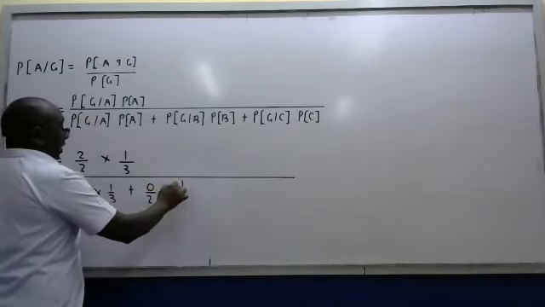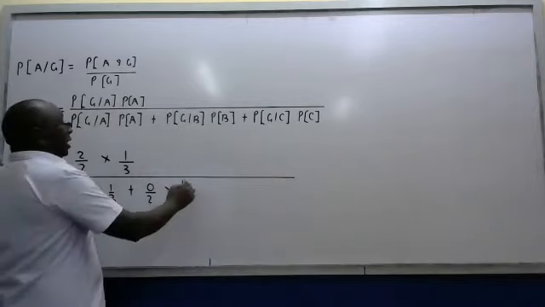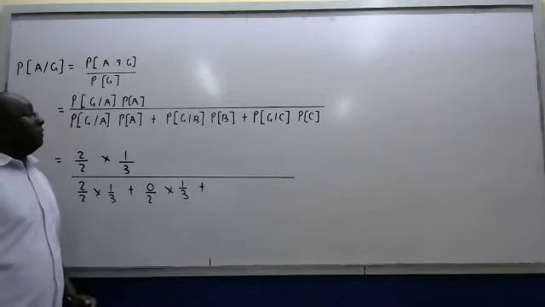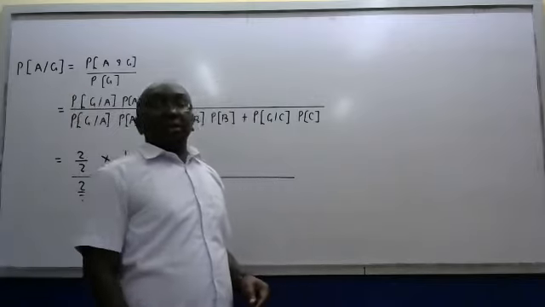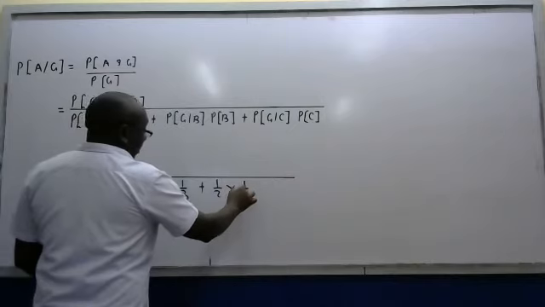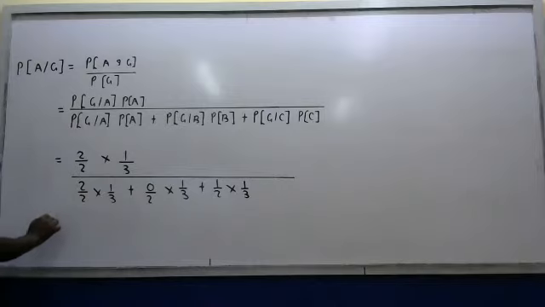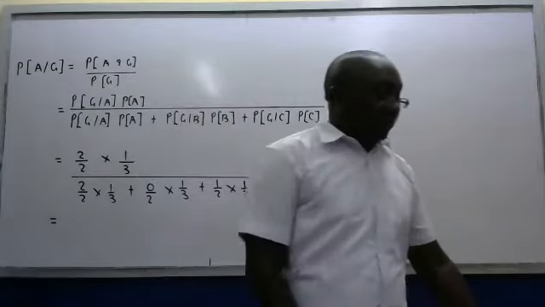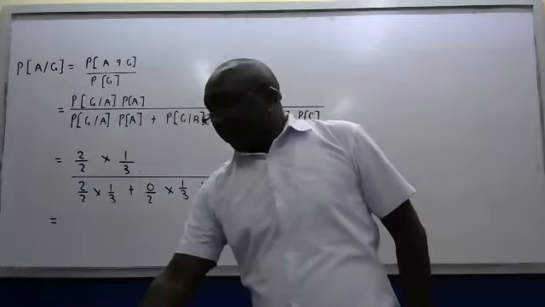The probability of getting bag B is a third. Then we go to C. The probability of getting a gold in C is 1 out of 2, and the probability of getting C is a third. So work out that and send me the answer. Those who are online, I hope you are following, and you confirm that by giving me the answer.